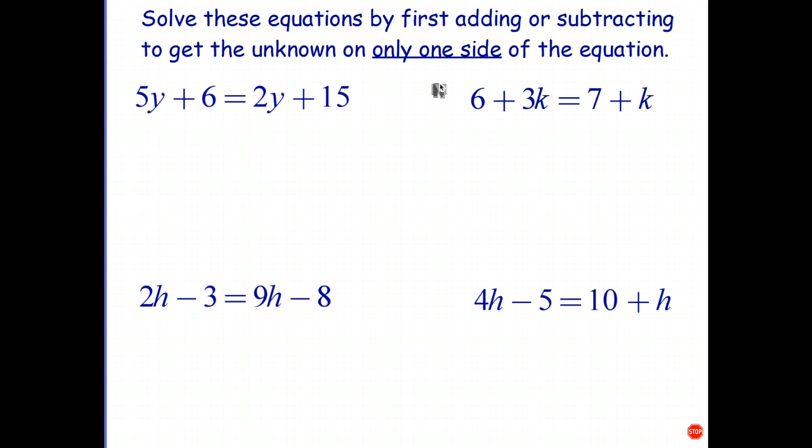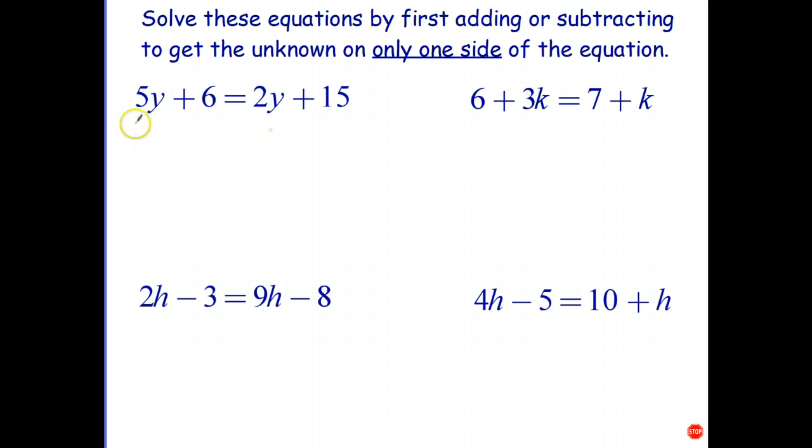Now, there's no correct answer as to which we have to do, but in general, I try to avoid negative coefficients on my unknowns. It just makes the solving a bit easier. So I could subtract 5y from that side and 5y from that side, but 2 subtract 5 gives me negative 3.